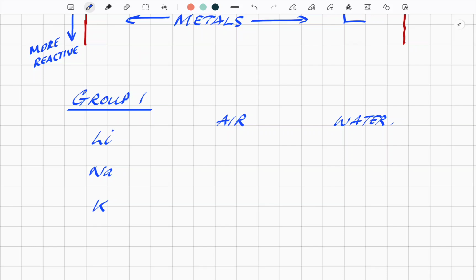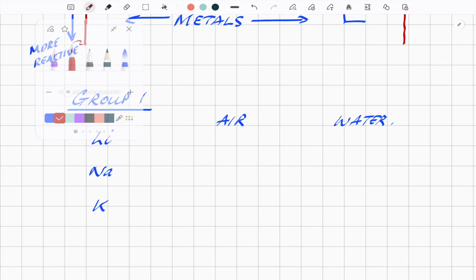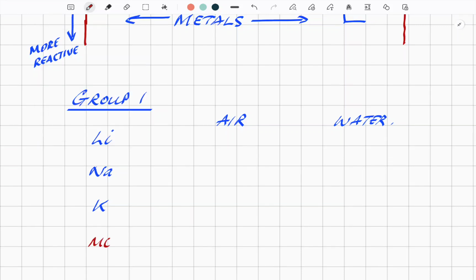In many cases, when you put a metal plus air, often they become either dull, or another word for it is tarnish.